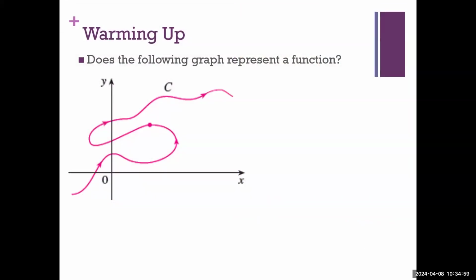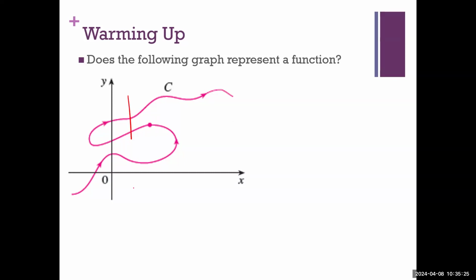Is this a function? I see a lot of vigorous no's. Why is it not a function? Vertical line test. Why does the vertical line test tell you whether something is a function or not? That's why the vertical line test works, because a function is a thing that takes in one input and gives exactly one out.